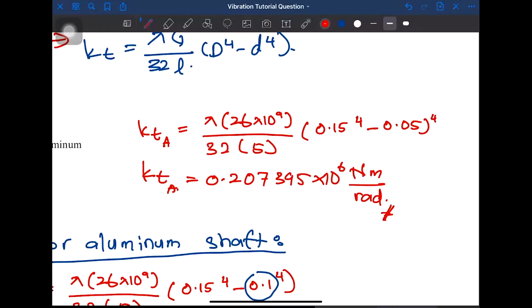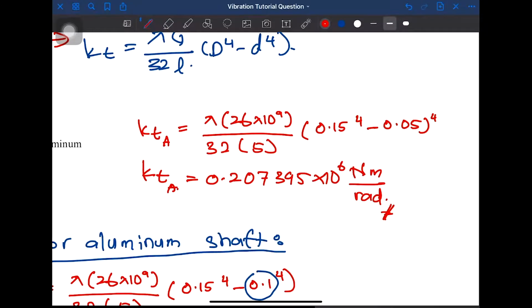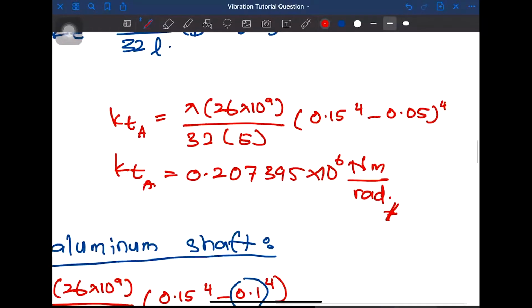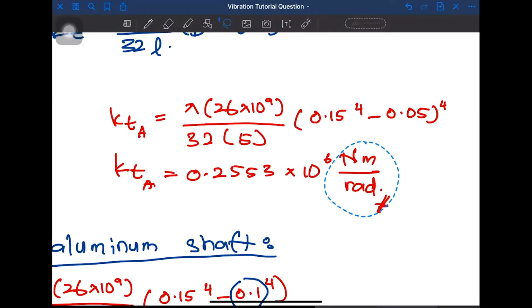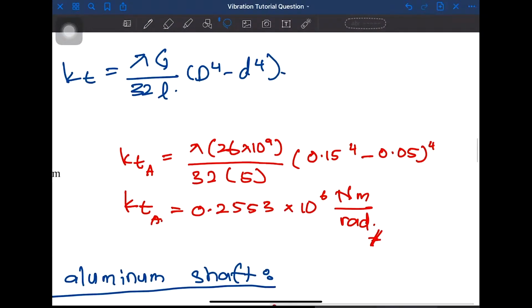From there, I can calculate everything back and get the new value to be 0.2553 times 10 to the power of 6. That is the answer for the new torsional stiffness for aluminium.